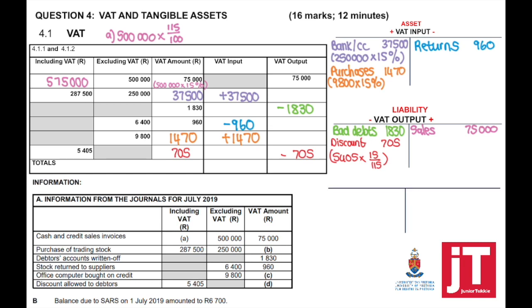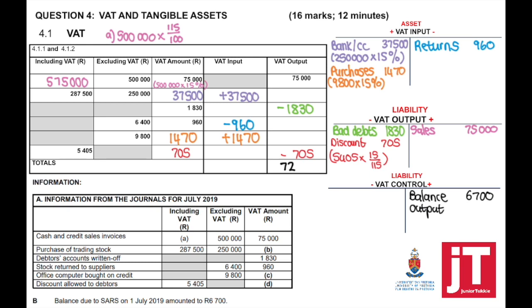If we now want to find out how much do we owe SARS, or does SARS owe us? It says specifically, balance due to SARS on the 1st of July 2019 amounted to 6,700. This means that the VAT control account is regarded then as a liability because there's a balance of 6,700.